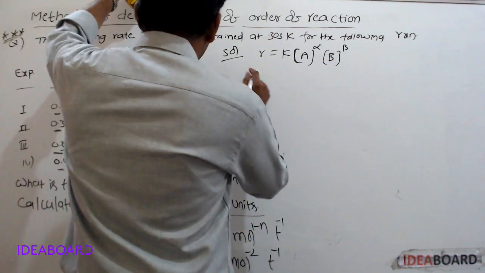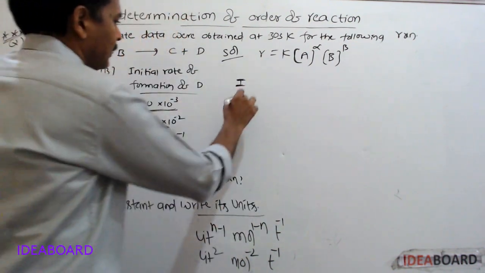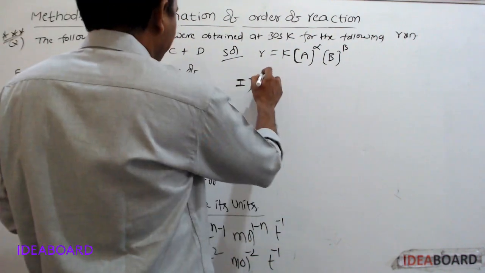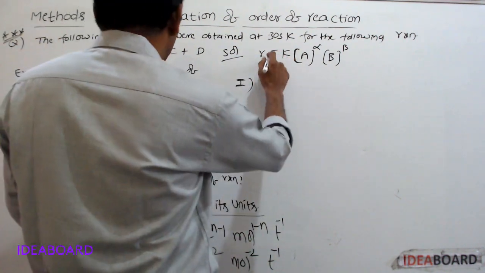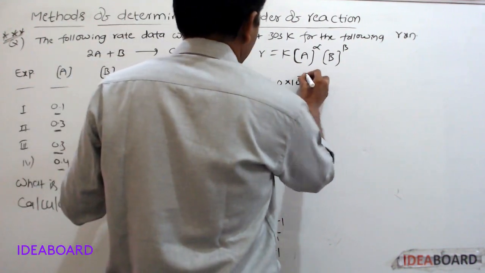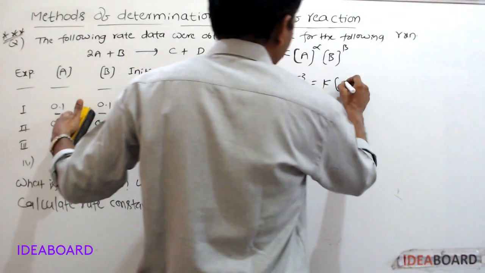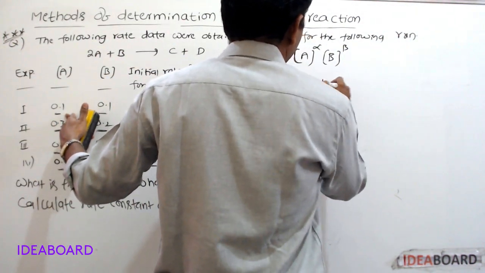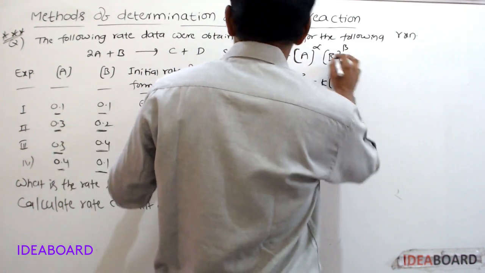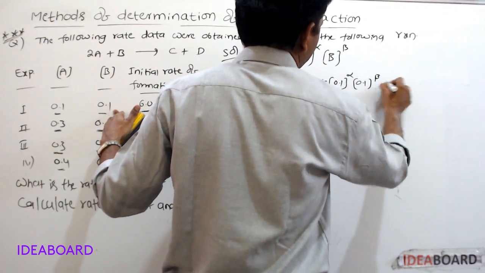See, first, experiment 1. Rate is equal to K into A concentration 0.1 power alpha, B concentration 0.1 power beta.